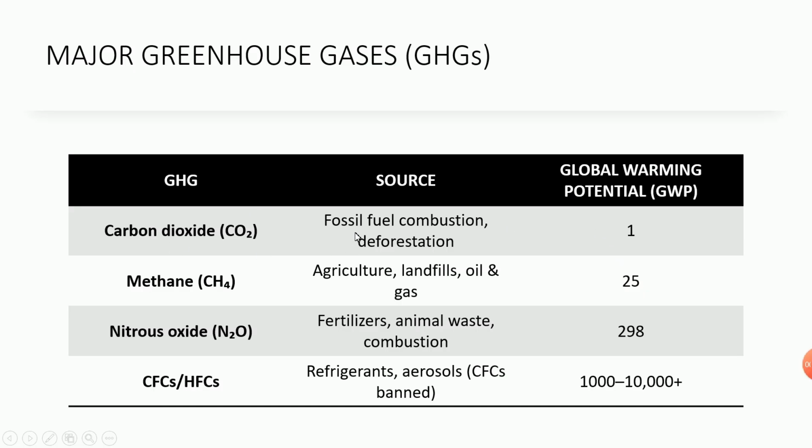Carbon dioxide could be obtained from fossil fuel combustion. Fossil fuel means petroleum, diesel, all those things, and then deforestation. Here GWP is 1. Methane occurs in agriculture, landfills, oil and gas. Why do I say agriculture?